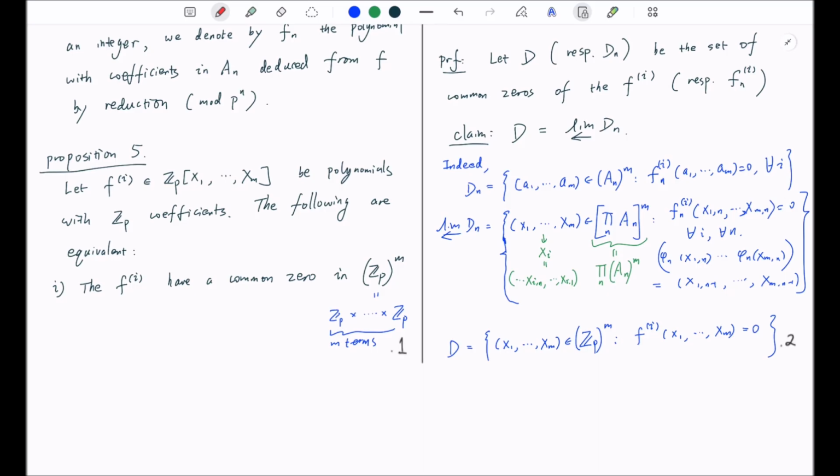And I also need to emphasize that this happens in A_n, and this is also happening in A_n. But this happens in Z_p.